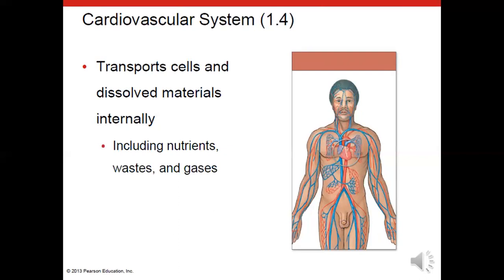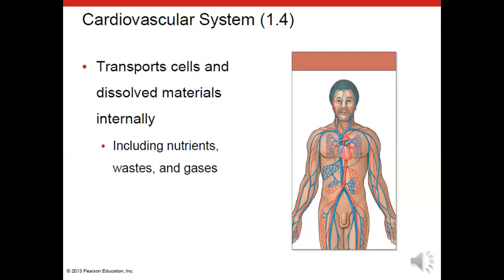Like red blood cells, their job is to transport oxygen. Where does oxygen come from? The lungs, right? So now we've got crossover from the skeletal system, the respiratory system, and the cardiovascular system. So the job of the cardiovascular system, by using the heart and blood vessels, the two organs that make up the cardiovascular system, is to carry nutrients, wastes, and gases like oxygen and carbon dioxide throughout the body.